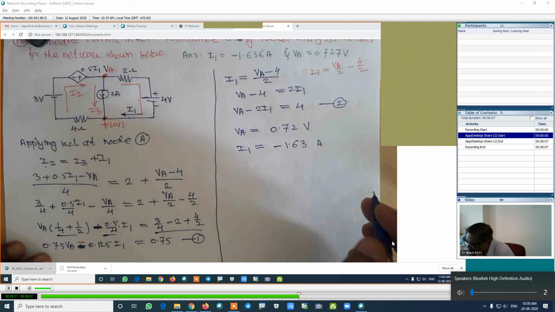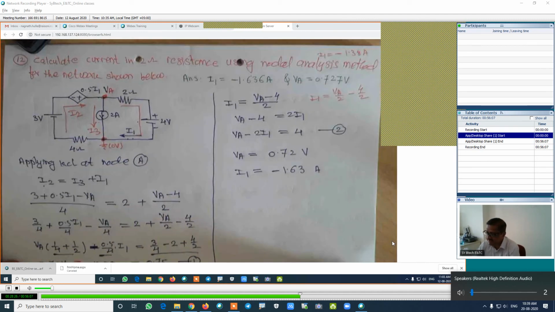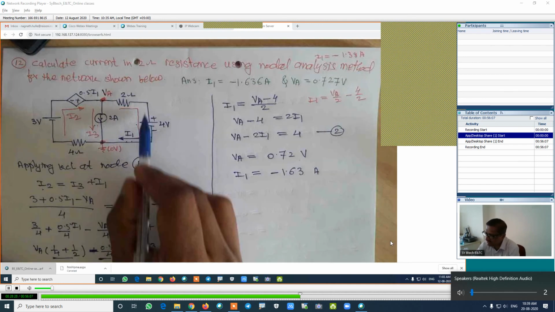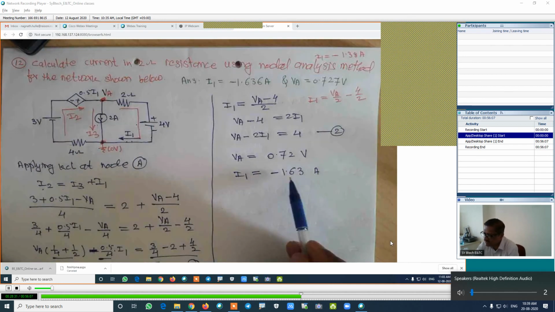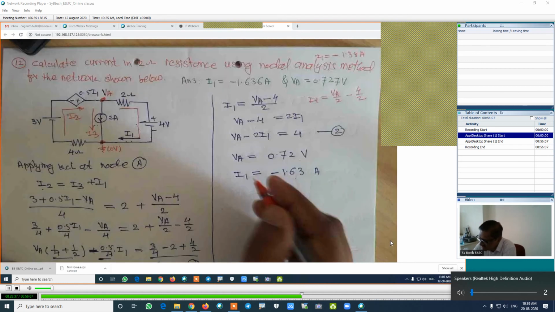And VA is 0.72 is the value. And here is the answer. Where is the answer? Because we are interested in the calculation of I1. The calculation of I1 is minus 1.63 amperes, which is the value of the current I1. Is it right? This is the I1.